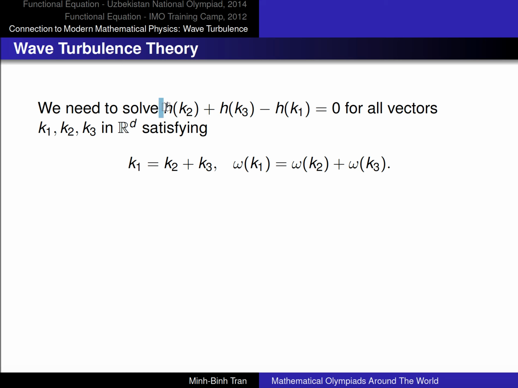Now, we need to solve the equation H(k2) plus H(k3) minus H(k1) equal to 0 for k1, k2, k3 that satisfy this system.